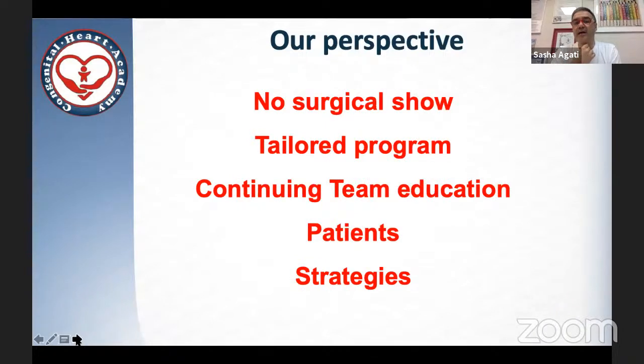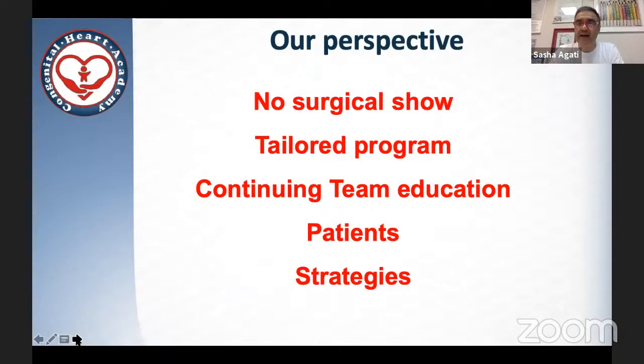And again, from my personal perspective, what I learned is that these people, this country, don't need a surgical show. What I think a surgical show is, is to go there, do a lot of cases, and be very happy to leave the patient in the ICU with problems, with drains, and not really help people with support and train them on the job, stay with them and try to improve the level of activity.